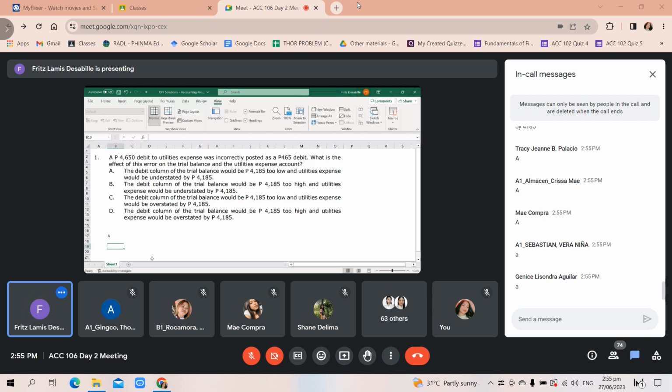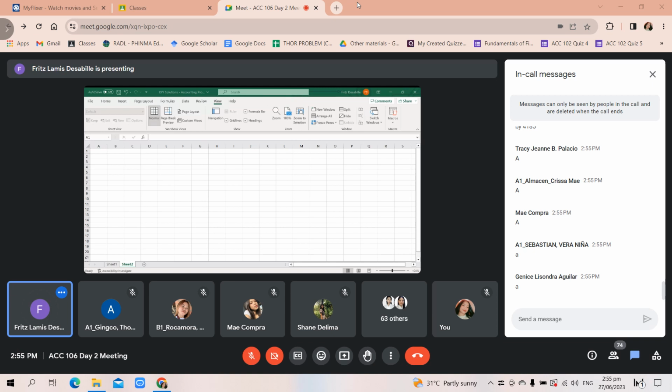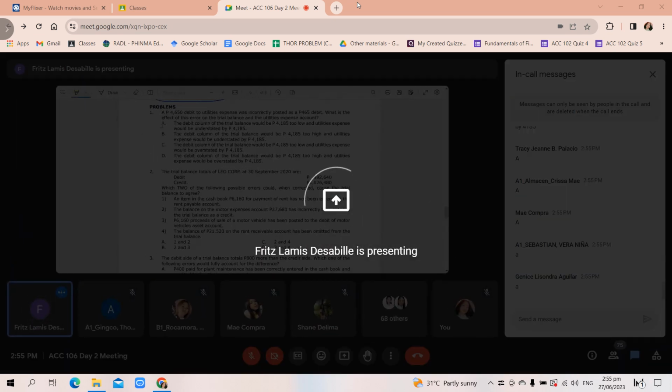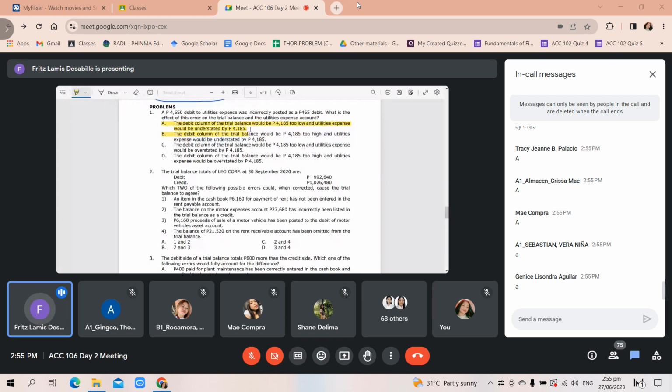So number 2, I'm going to make another sheet. It's all theory, so there's no need for computations there. So the answer is letter A. Number 2, the trial balance of Leo Corp at September 30, 2020: 992,640 and 1,026,480.